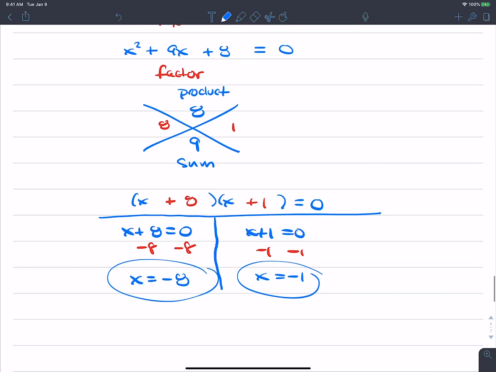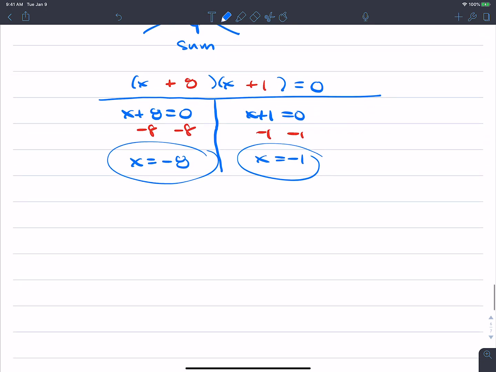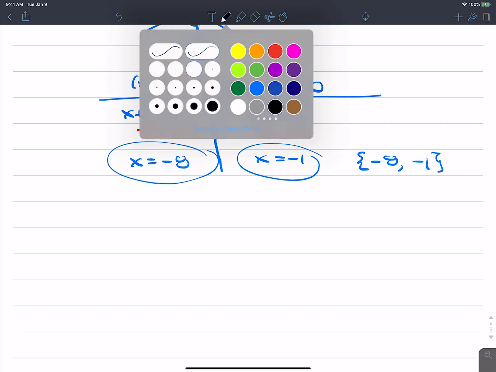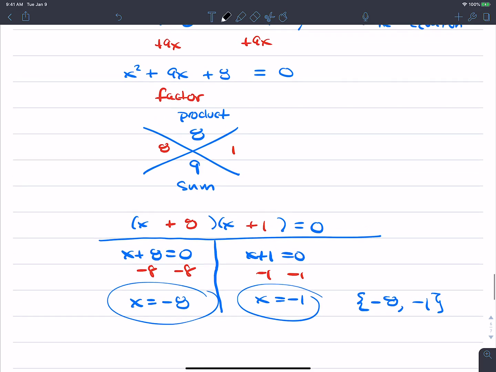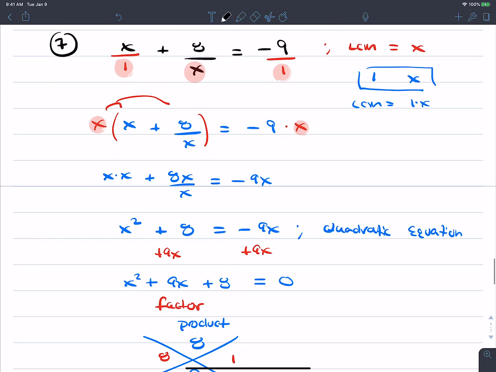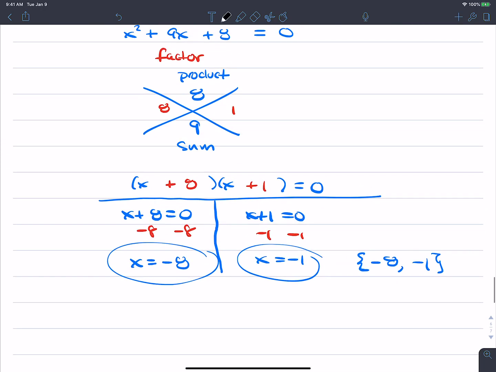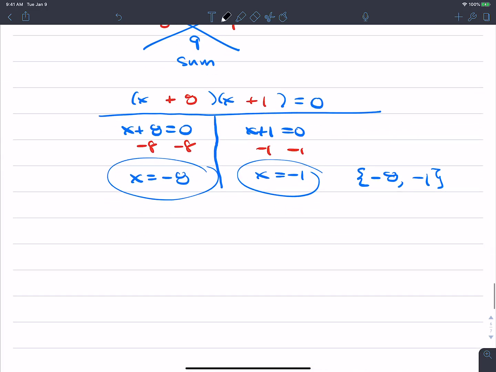Done. Okay, you guys okay with that? So they put the solutions in solution set notation at times, so there you guys go. Okay. You can check it. So this is number what? 7.